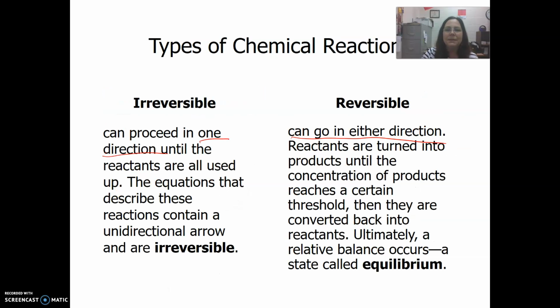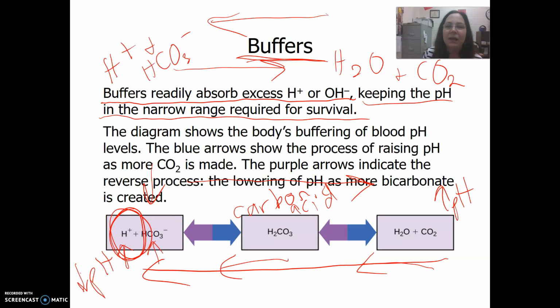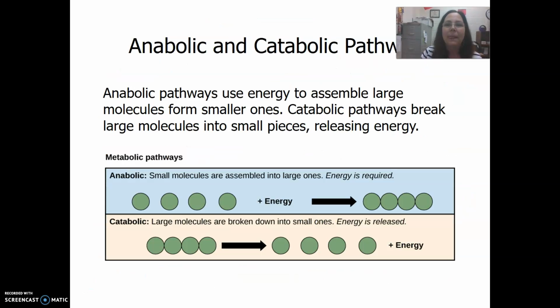So sometimes equilibrium is reached and the reaction occurs equally in the forward and the reverse direction. So products are formed just as fast on each side of the equation. Like if this were an equilibrium, the water and carbon dioxide would be produced just as fast as hydrogen ion and bicarbonate.